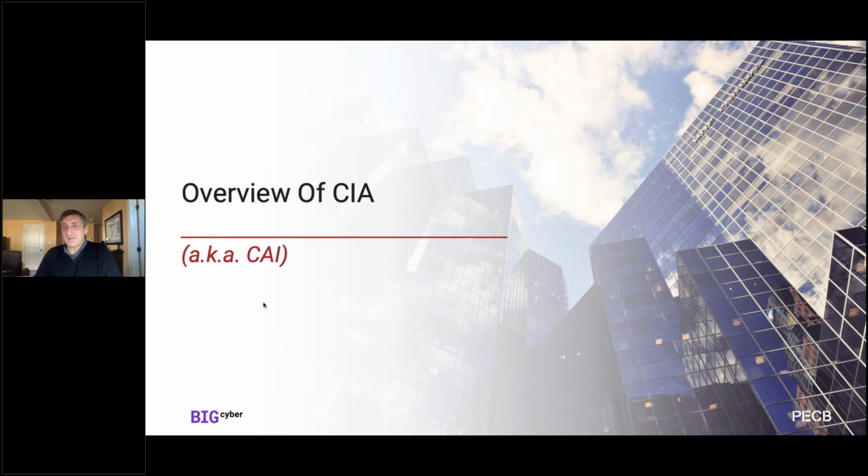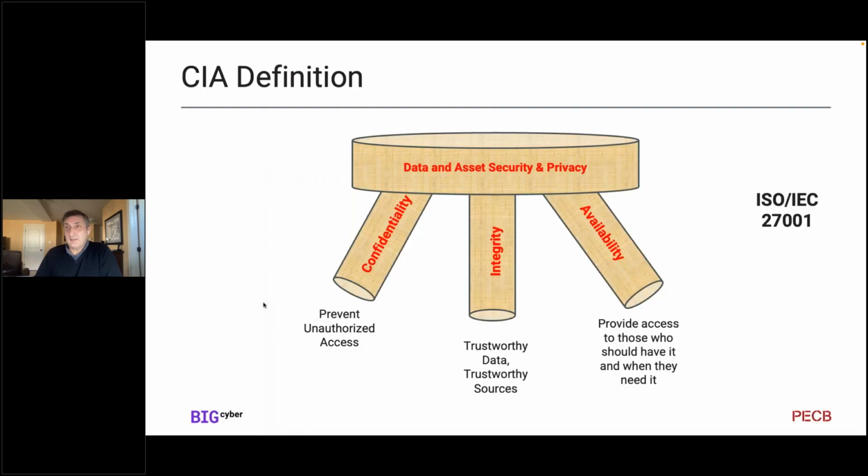So some people refer to this as the confidentiality, availability, and integrity triad rather than the CIA Triad. So you may hear that, especially for North Americans. I hear this quite a bit. But I'm going to stick with what's in the standards because I like following standards when I can.